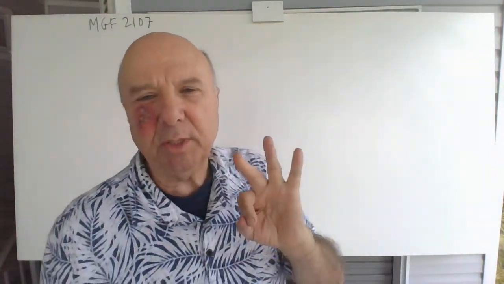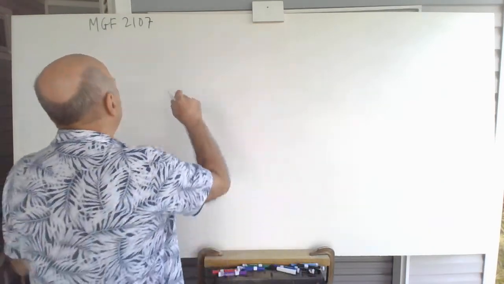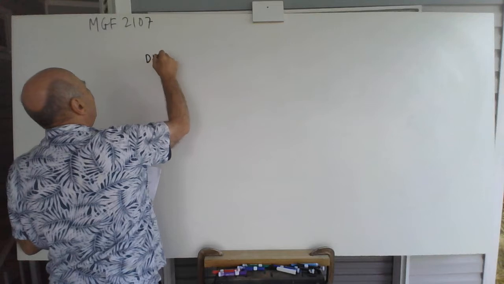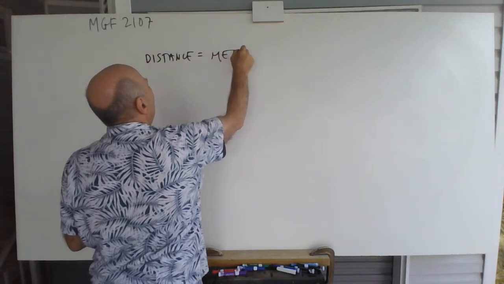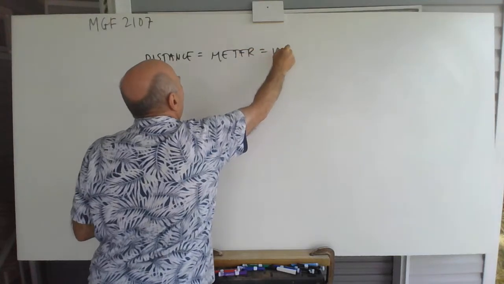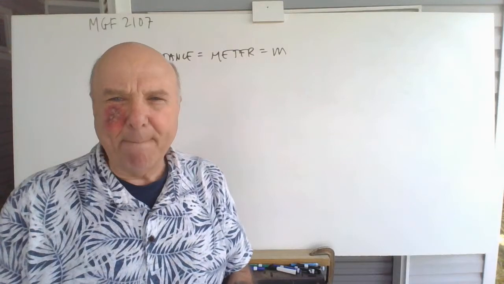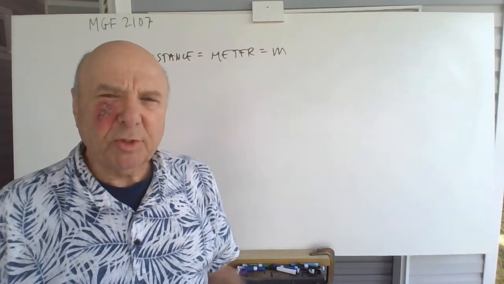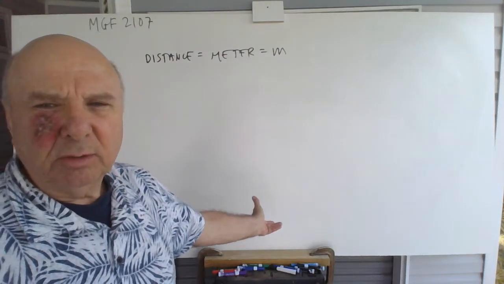So there's 3 basic units. One is for distance. And we use the meter, abbreviated lowercase m. M will also be a prefix, but when the letter stands alone, it's meters.